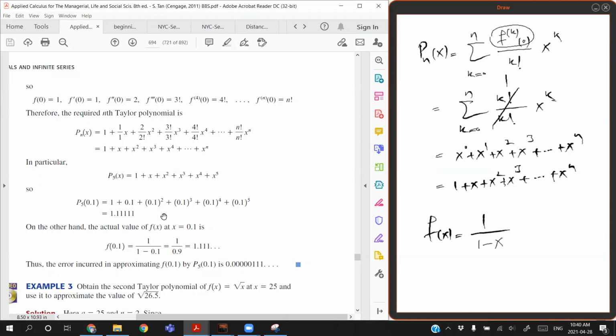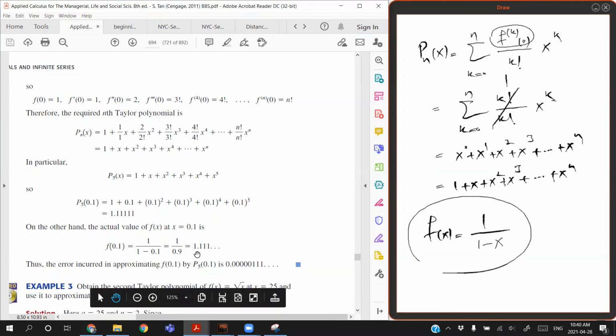If you plug in 0.1 directly into the original function, you're going to get 1.1111 forever. So you can see how close they are. That's because we are using a rather high order polynomial, the fifth order polynomial, in order to approximate this function.